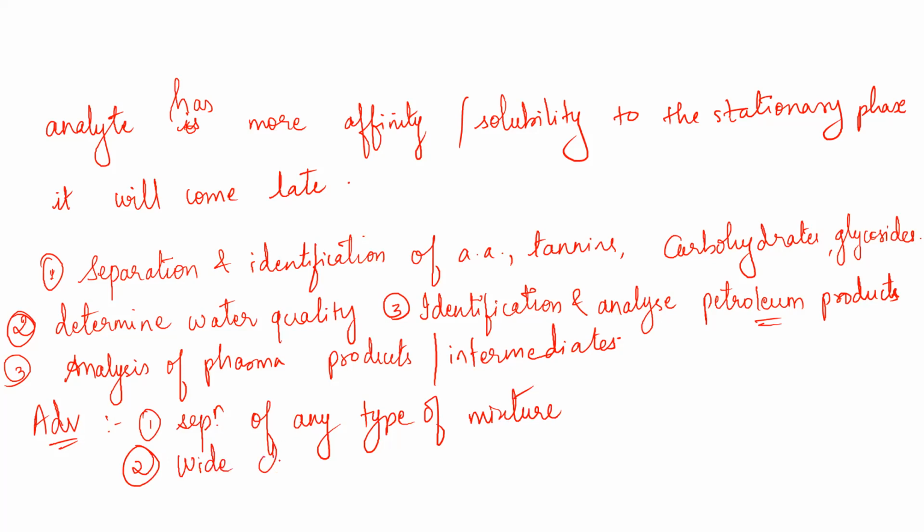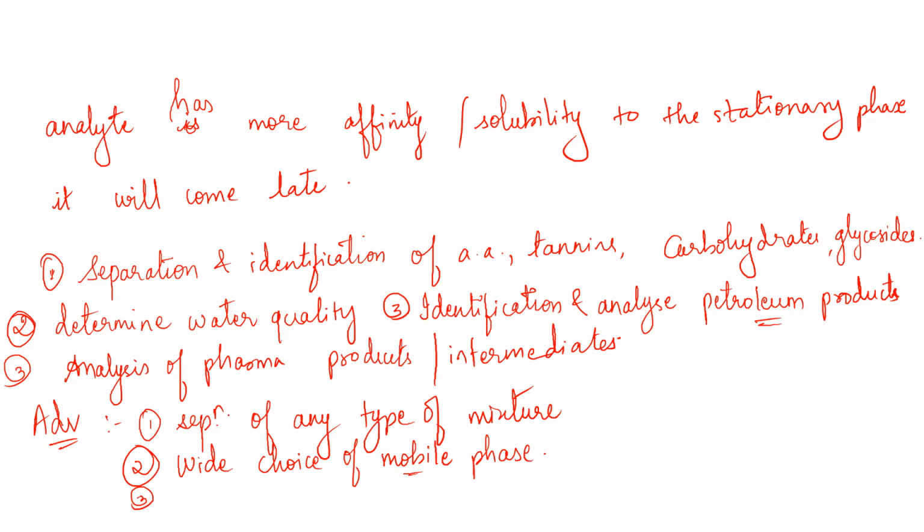So wide choice selection of mobile phase, because mobile phase is very important. Both the phases are very important, but since we are working on the property of partition chromatography, mobile phase is something that is going to run through your stationary phase. It keeps on running. So there is a wide choice of mobile phase.